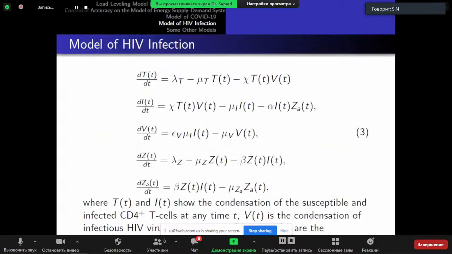The model of HIV infection is important in Russia because, according to the 2017 World Health Organization report, Russia is among the countries with a high HIV rate.